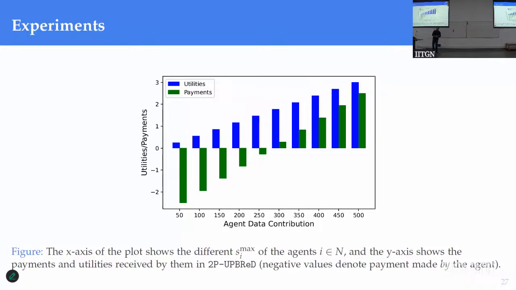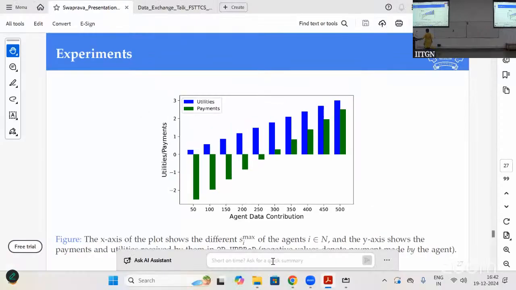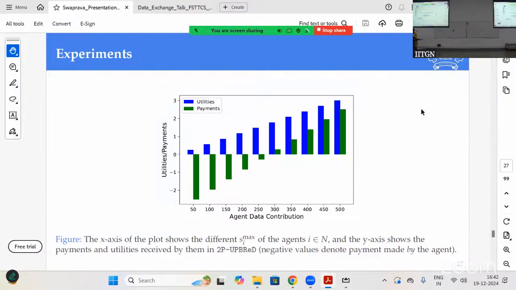Last question. Okay, so thanks, Swaprava. How does the rate of convergence change compared to Fed average? I think here we need this epsilon.